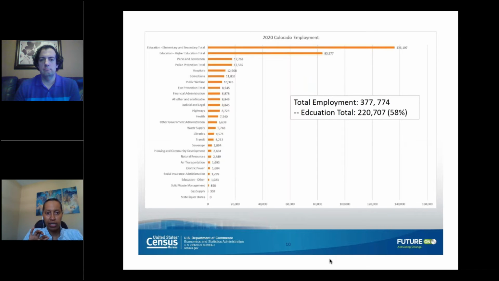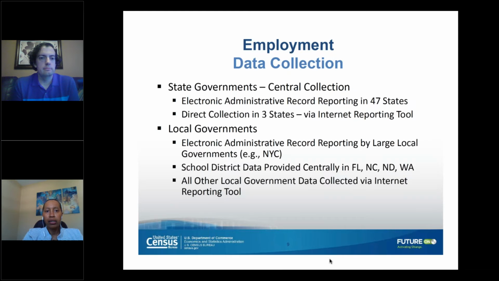For local governments, we get administrative records from large local governments. And then we get information from other local governments via our internet reporting tool, which is called Centurion. As far as school district data, a lot of that is provided centrally for the states of Florida, North Carolina, North Dakota, and Washington.